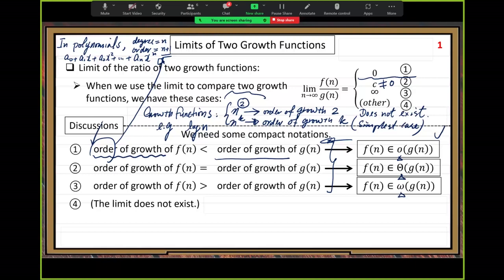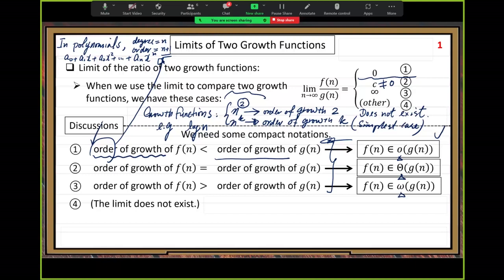In this way, the expressions are much simpler. When we want to have discussions, we do not need to write so many words. We can use these compact asymptotic notations.